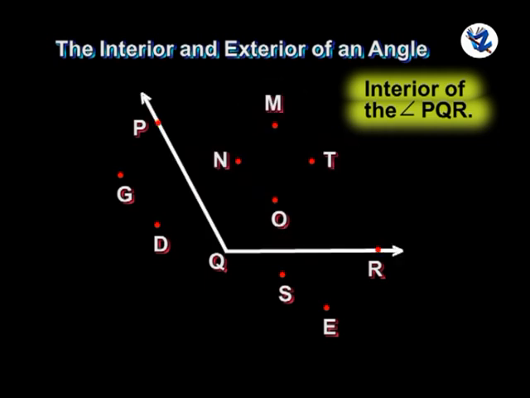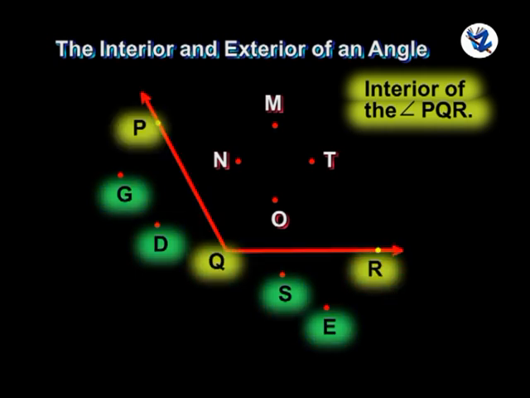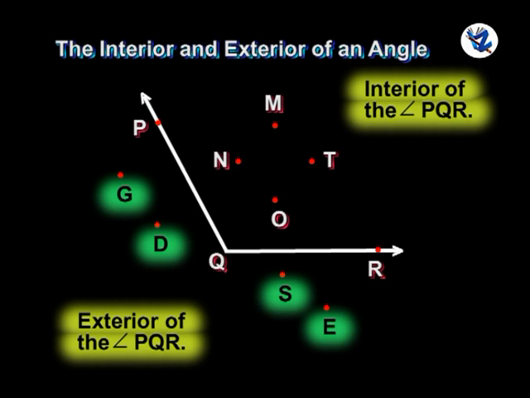And the group of points in the plane of the angle like point G, point D, point E, point S, which are neither on the arms of the angle nor in its interior, form the exterior of the angle.